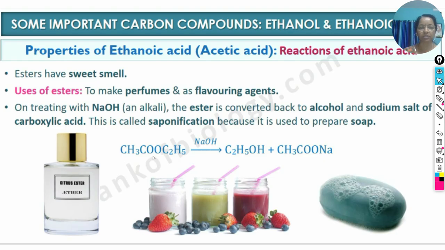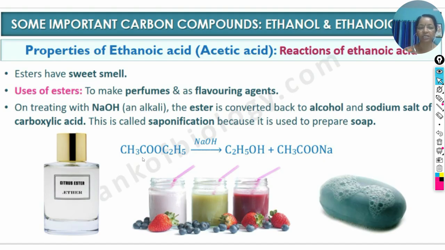So this is the ester equation, and we can do the saponification reaction by treating the ester with NaOH. So what happens is the acid and alcohol get separated, and the sodium salt of the acid will be formed along with the alcohol.